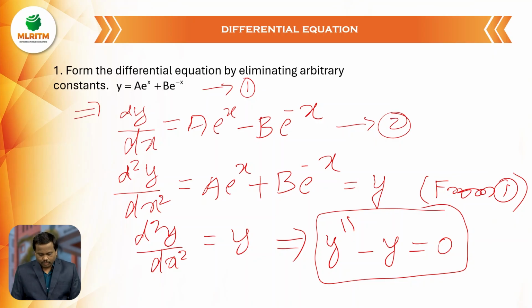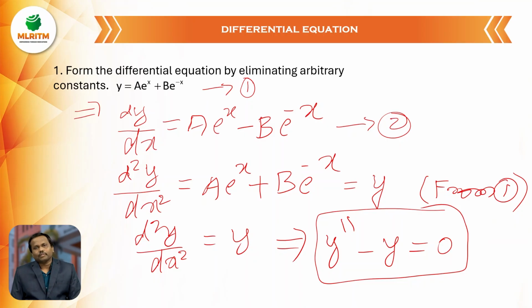By observing the solution of this problem, y double dash minus y equal to 0. Here the order is 2. As we discussed already, for a general solution the number of arbitrary constants is equal to the order of the differential equation. So here the order is 2 and a and b are arbitrary constants, so it satisfies that condition.